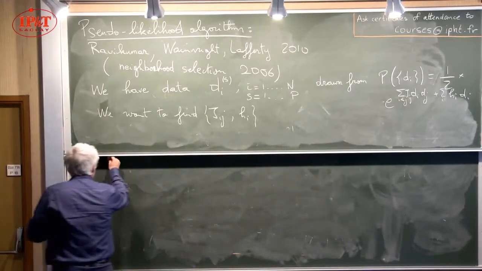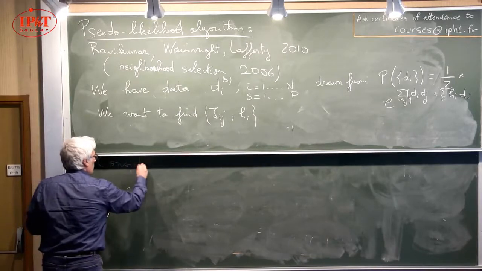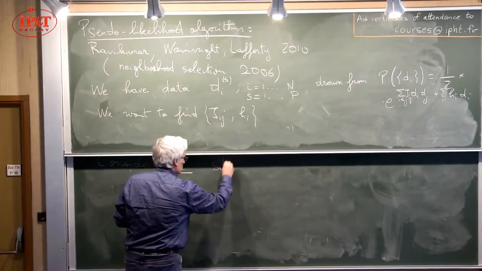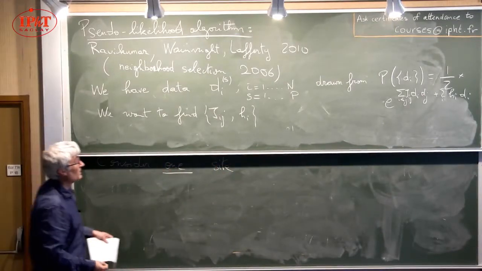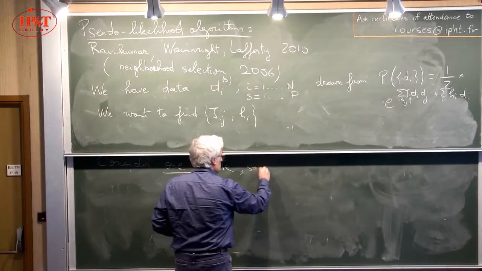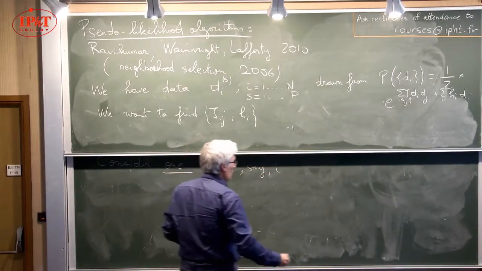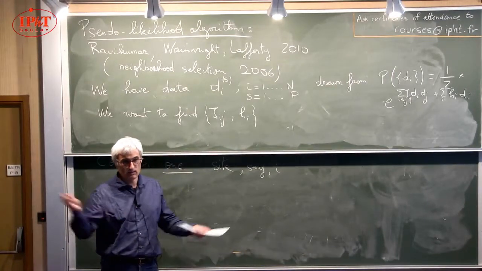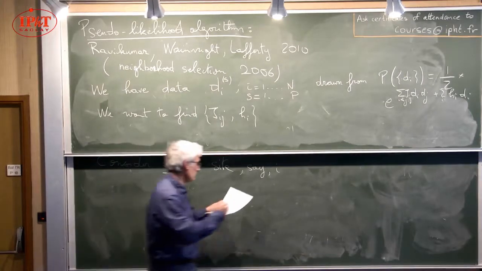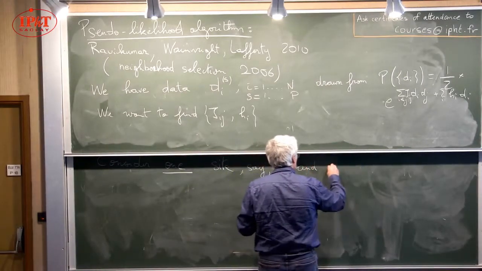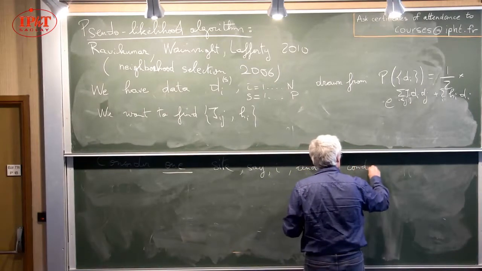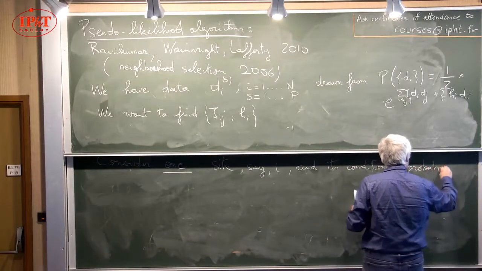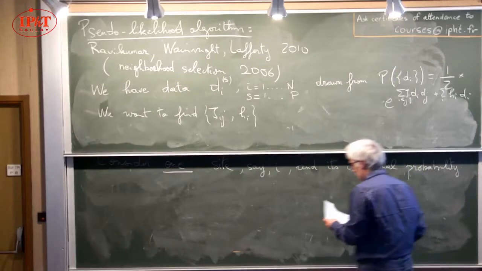Okay, so consider one site, which I will call i. And I'm interested in the conditional probability of the value of the spin on site i given the other ones, the values of the other spins on the other sites.